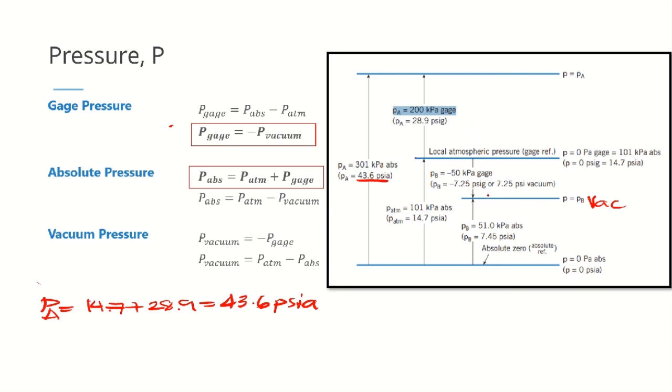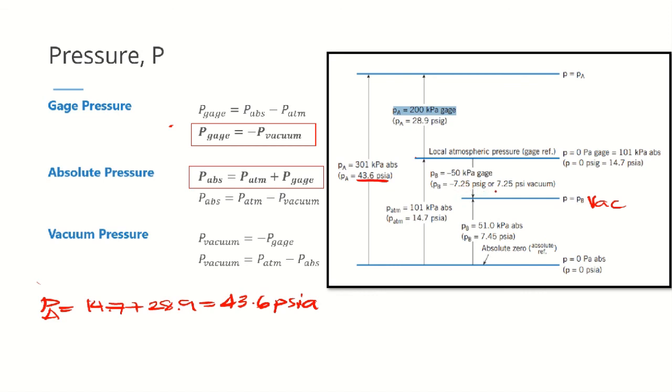So how about pressures below atmospheric pressure? So automatically that is considered vacuum pressure. So si PB, pag binigyan ka ng, syempre yung gauge pressure niya is negative 7.2 PSIG.